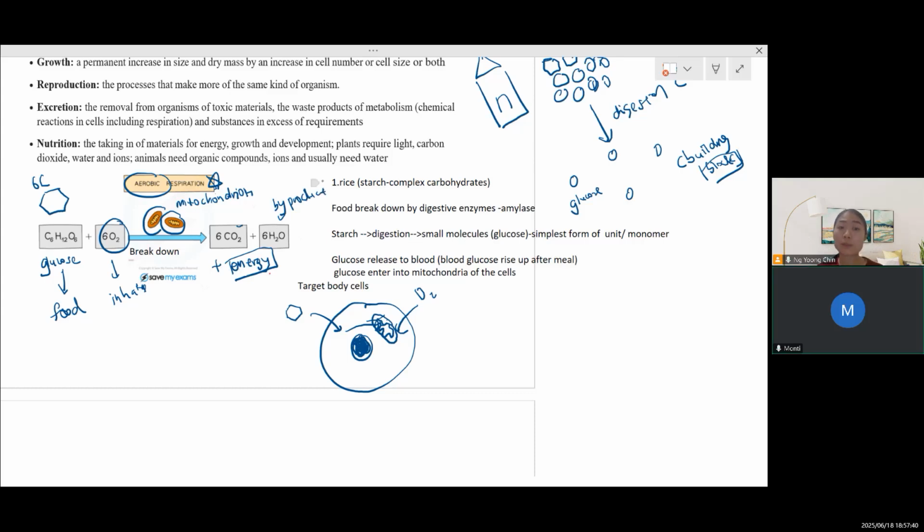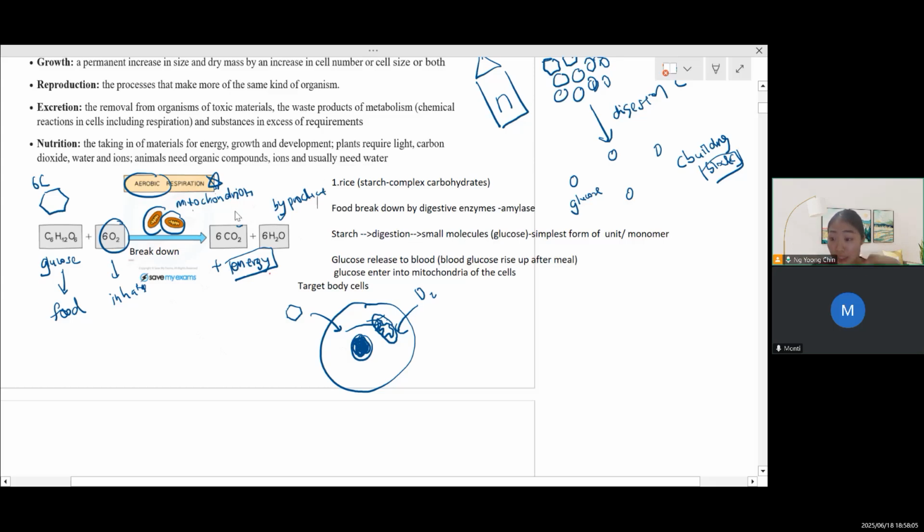Okay, so you can see me, I'm doing aerobic respiration now. Why? Because I'm inhaling the air, I'm inhaling the oxygen. And just now I had my dinner, so inside my body cell there is glucose. The glucose will enter my body cell, which contains the mitochondria, which is able to perform aerobic respiration.